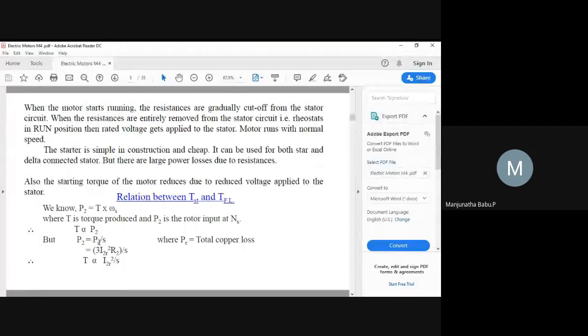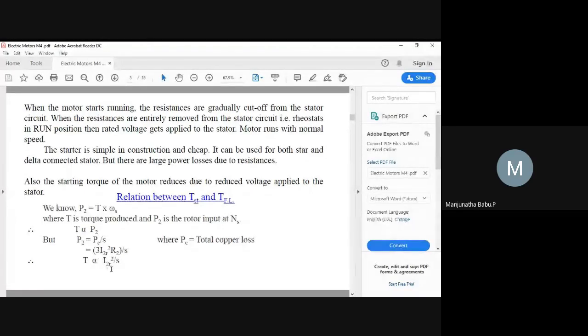Copper loss in the three-phase circuit will be 3 times I square R, where the current and resistance are those of the rotor. Therefore it is 3 I2 square R2 by s. Here the resistance is constant and 3 is constant, so power is directly proportional to the current square and inversely proportional to the slip. So the torque is directly proportional to the current square and inversely proportional to the slip.